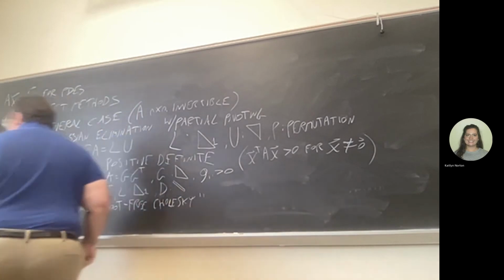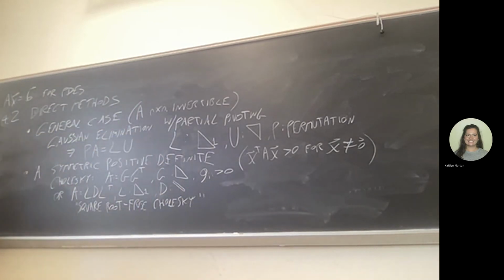Now, in this class, as opposed to 610, we're not really concerned about the nuts and bolts of these methods. And there are functions in MATLAB to do all these things. You can use the lu function to do the LU decomposition. Of course, backslash uses Gaussian elimination with partial pivoting. There is a function chol, C-H-O-L, for Cholesky.